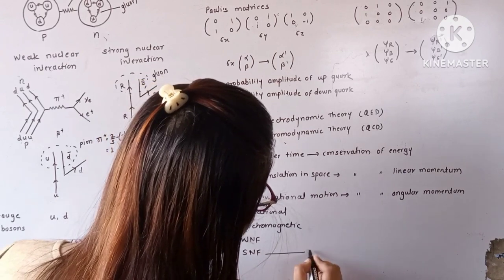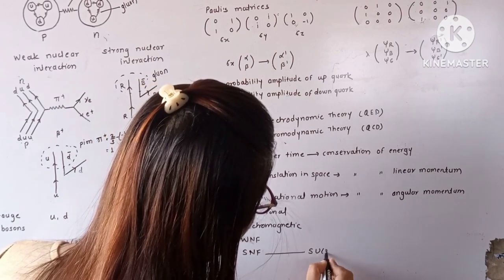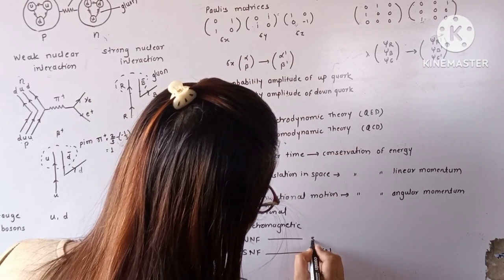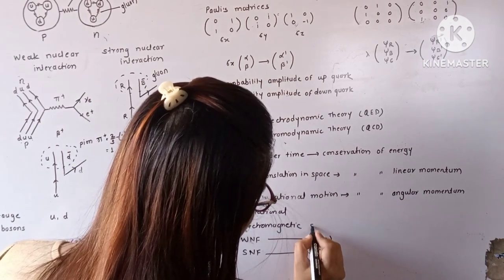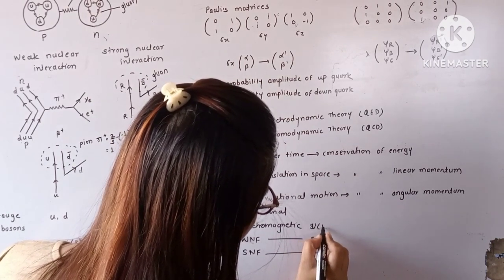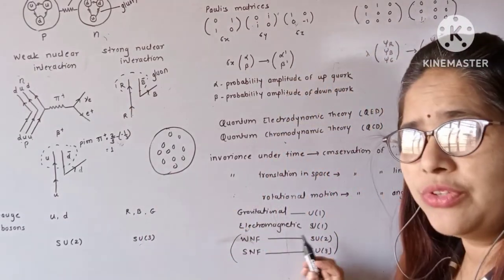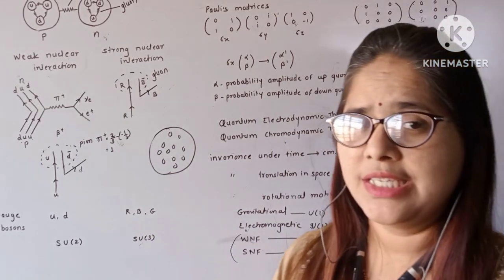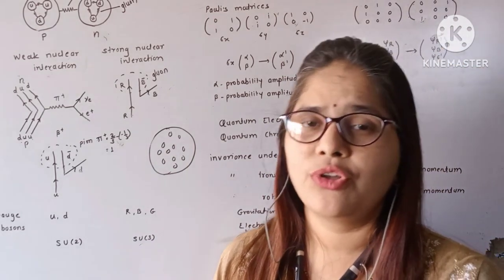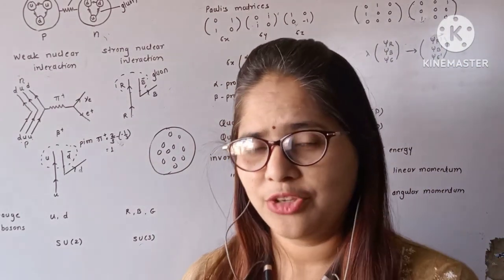The strong nuclear force is represented by SU3, the weak force by SU2, and the electromagnetic force by the unitary matrix 1 by 1. So the moral of the story is that SU3 and SU2 operations can represent the conservation laws in particle physics. Thank you for watching.